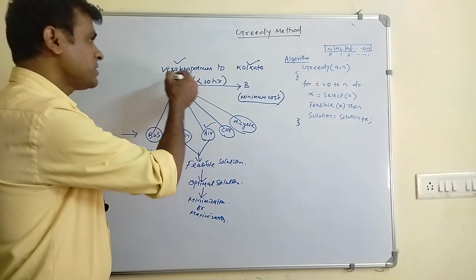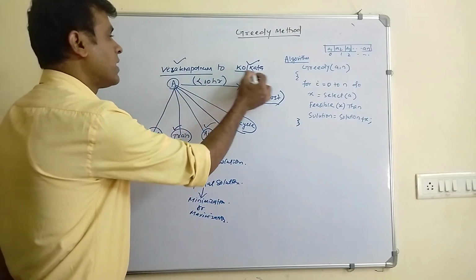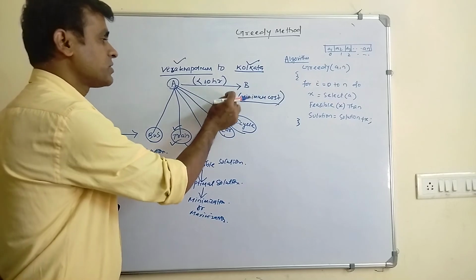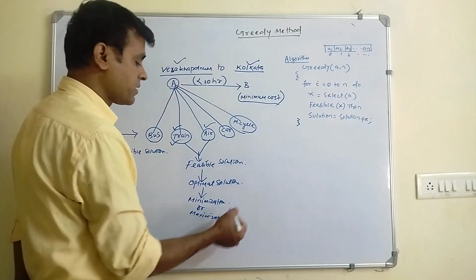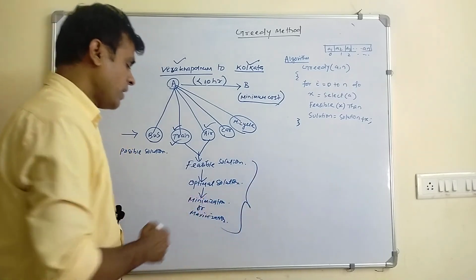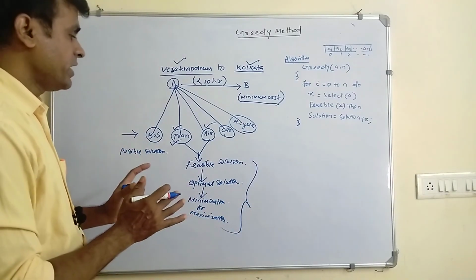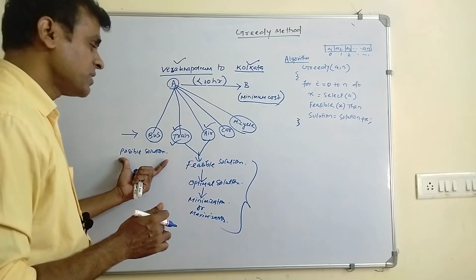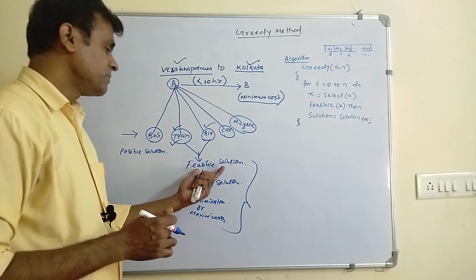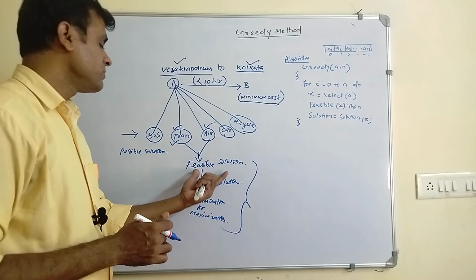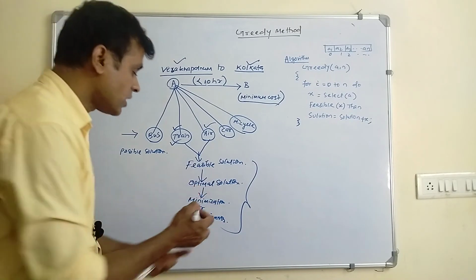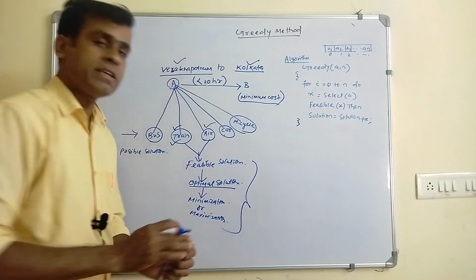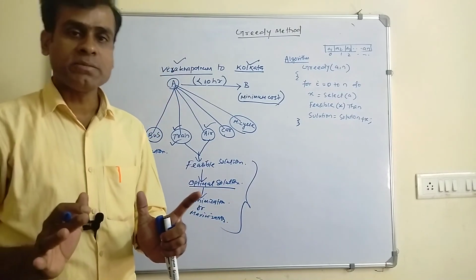In this case, traveling from source to destination with less cost and less time is called a minimization problem, right? So what we said is that we have some possible solutions, out of which feasible solutions are there, and out of the feasible solutions, we have to choose the optimal solution.